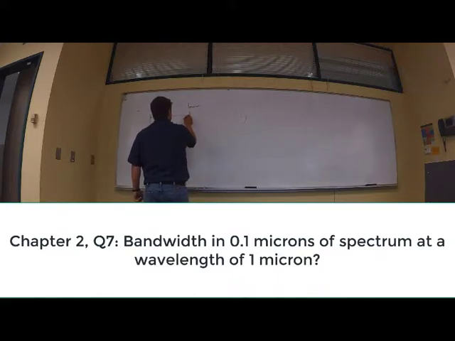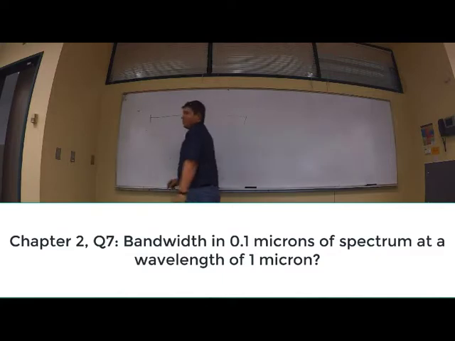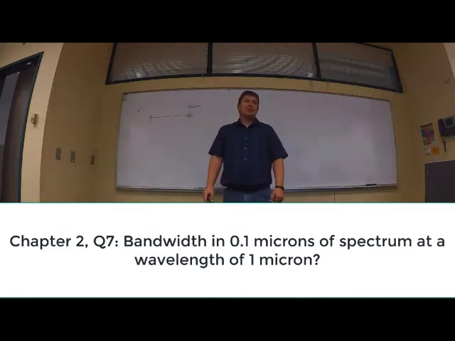Is our bandwidth below it? Or does our bandwidth straddle it? They will give you 3 different answers. So for the sake of argument, let's just straddle it. This is our channel, and we have 0.1 micron inside that channel, so let's straddle it.